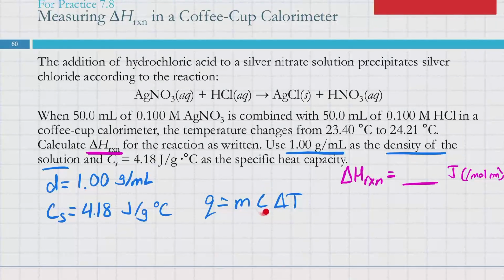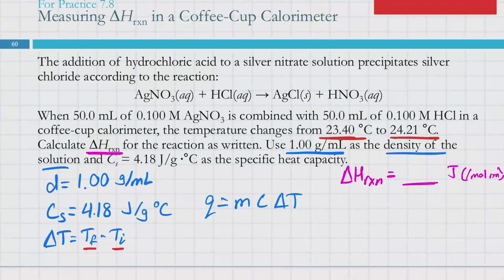We have C, because we were given C. Do we have enough information to get delta T? What's delta T? It's TF minus TI, and we were given temperature values, 23.4 degrees Celsius, 24.21 degrees Celsius.